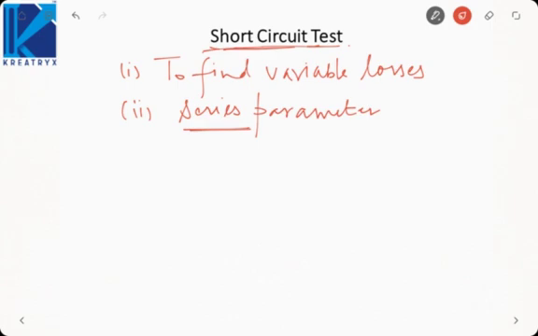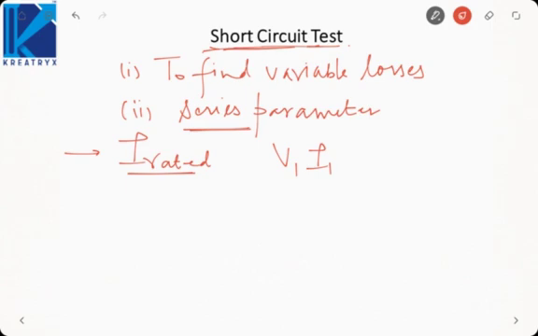Now, where do we perform the short circuit test? First thing is, short circuit test is conducted at rated current. Since KVA rating is same on both sides of the transformer, I told you transformer cannot act as an amplifier since the power is same on both the sides and it does not use an external power source.